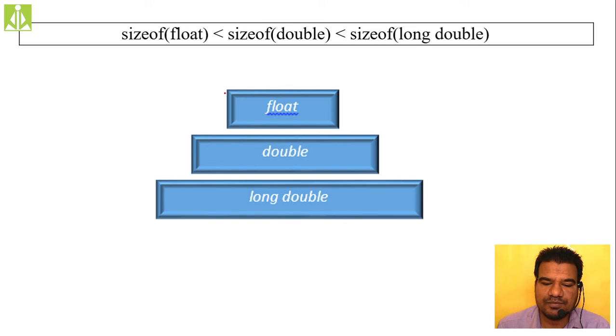You can see a small box I have taken to represent float, a slightly bigger box for double, and a bigger box for long double. I have taken these to represent these three data types. You have to remember this graphical representation. So size of float is less than size of double, which is in turn less than size of long double.